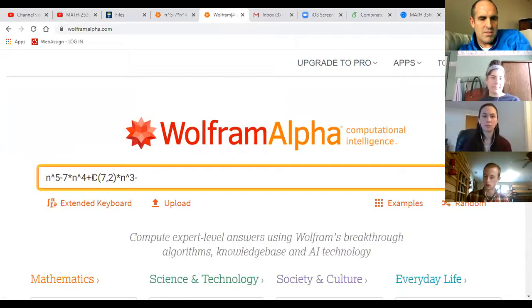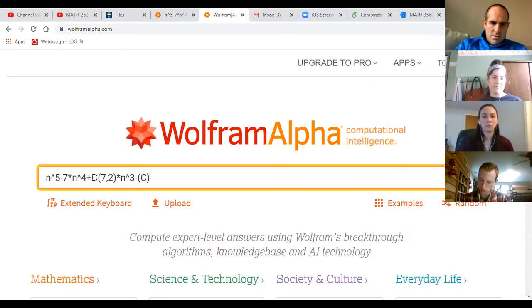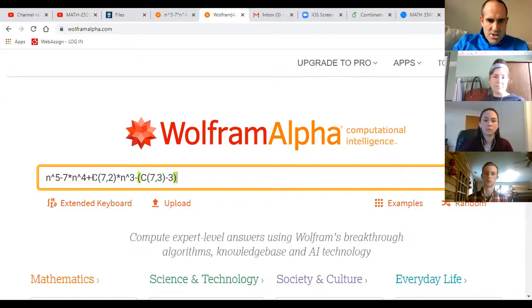Minus, and then there's a quantity because it's an S3, so the minus would distribute through, but 7 choose 3 minus 3n squared plus 3n cubed. Minus 3 all times n squared.